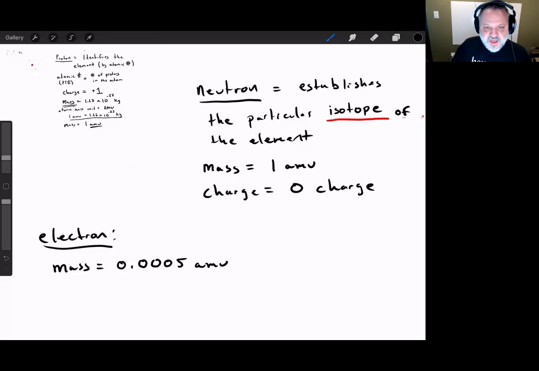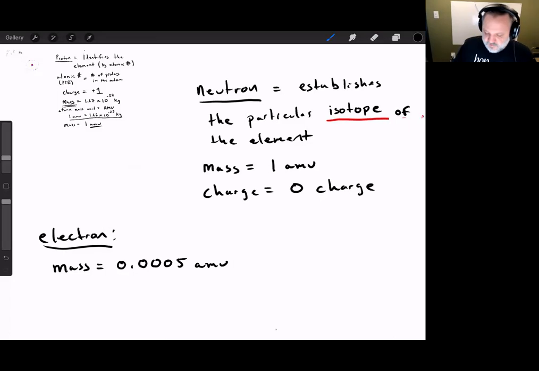That's 0.00 with zeros and a 5 in terms of atomic mass units. So that's still really, really, really tiny compared to the mass of a proton.